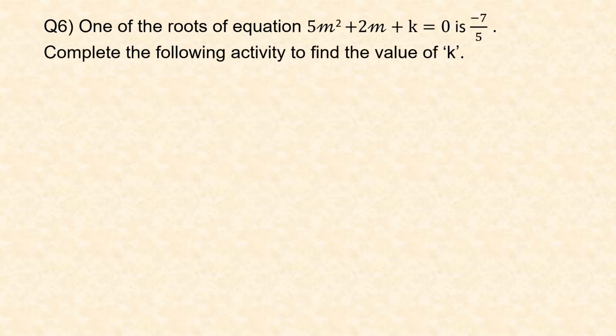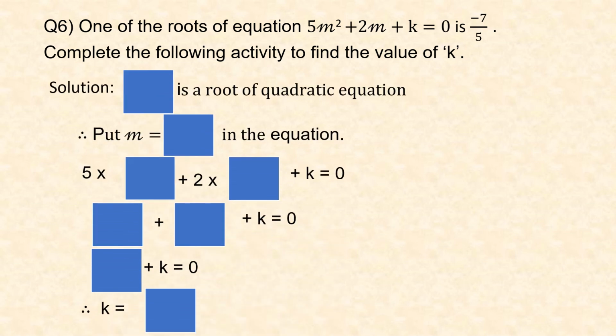Question number 6. One of the roots of equation 5m square plus 2m plus k is equal to 0 is minus 7 upon 5. Complete the following activity to find the value of k. What is the activity given? This is the activity.